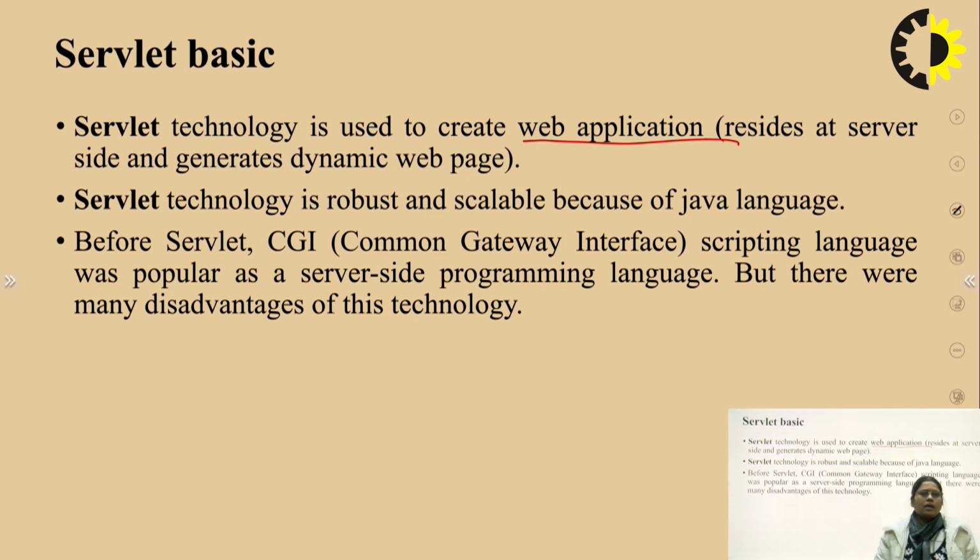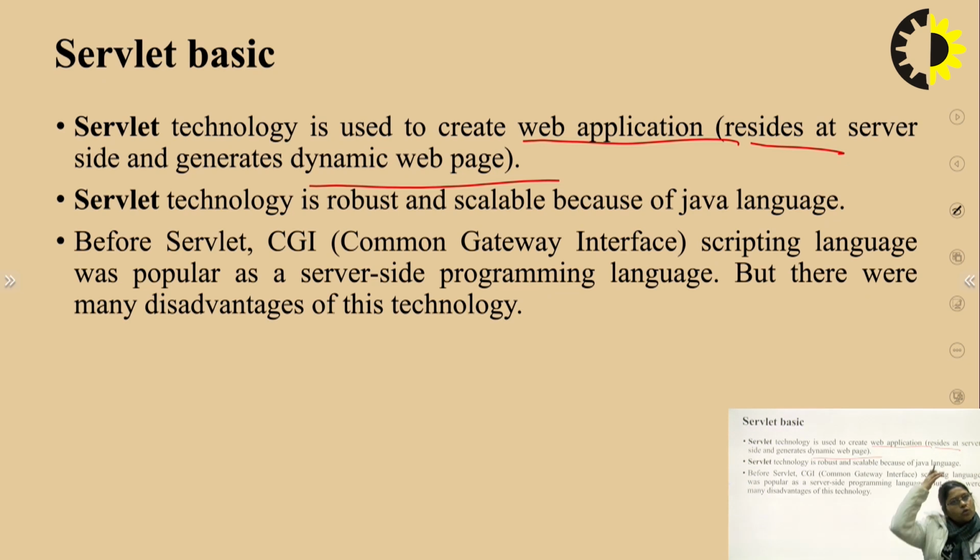There are certain technologies available which are executed on the server side, and the responses come back to the client. It is used to create web applications that reside at the server side, and it is used to create dynamic web pages.